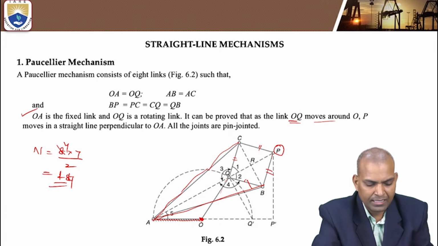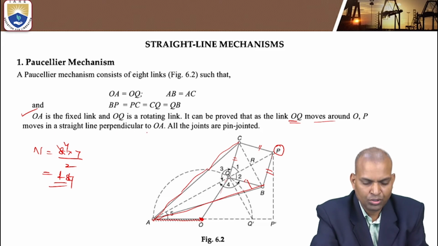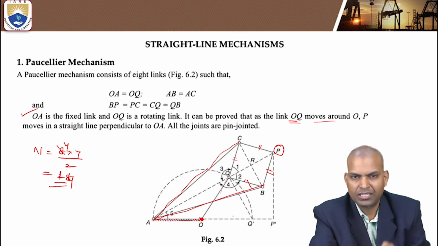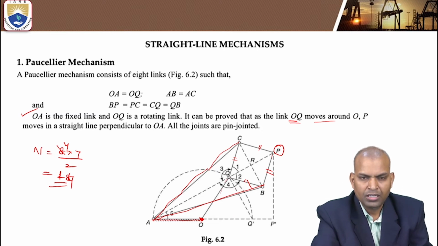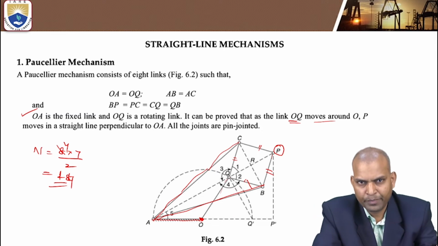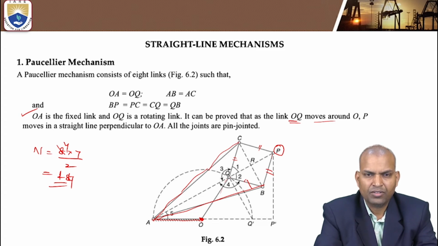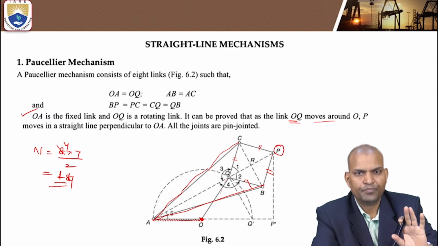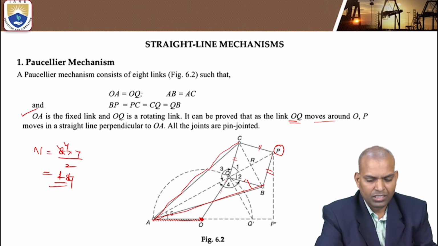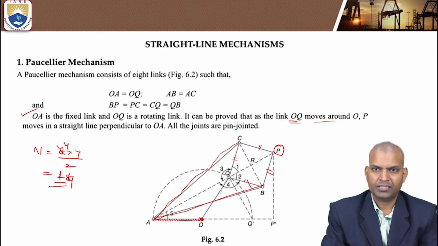P moves in a straight line perpendicular to OA. One more important point is that all joints are pin jointed, not welded or permanent joints, so that it can move easily. That is the concept of this Peaucellier mechanism.